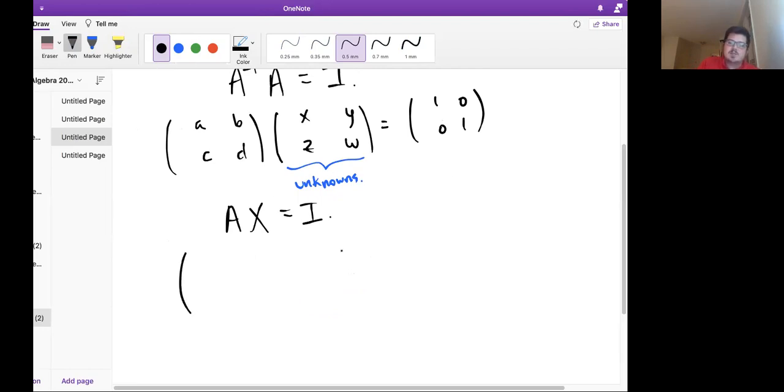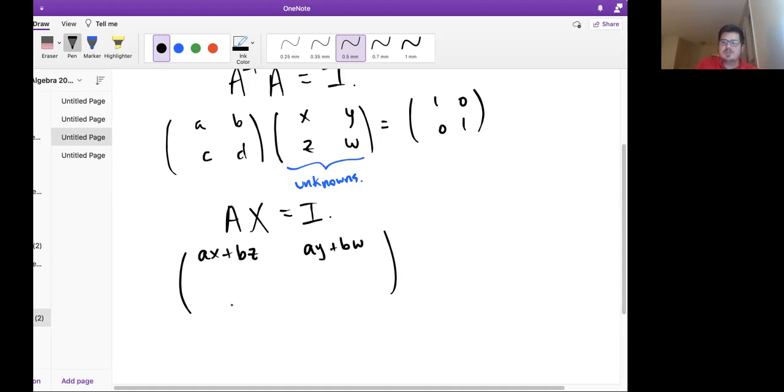All right, so can someone read for me the matrix product? What goes in the first position? AX plus BZ, good. How about in the 1, 2 position? AY plus BW.